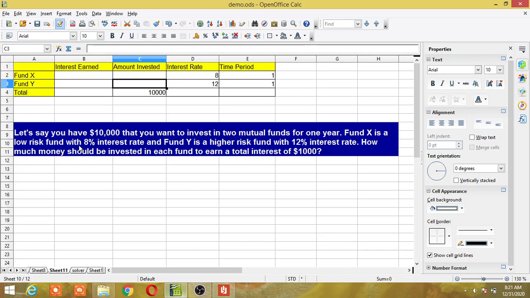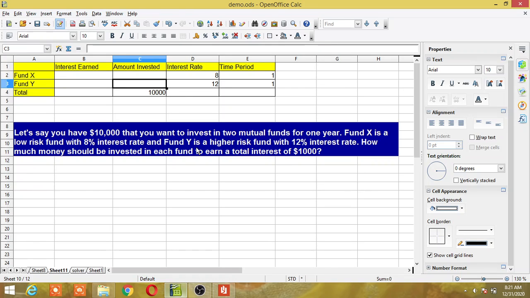Now Fund X is a low risk fund with 8% interest rate. That means for X we have taken the rate as 8%. Fund Y is a higher risk fund with 12% interest rate. So I've given 12% for Y fund. Now how much money should be invested in each fund to earn a total interest of 1,000?